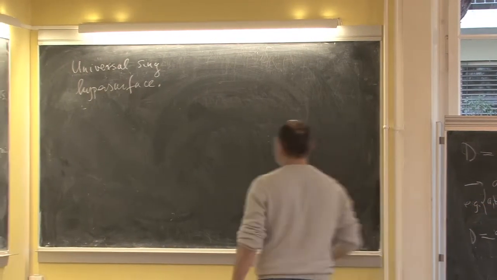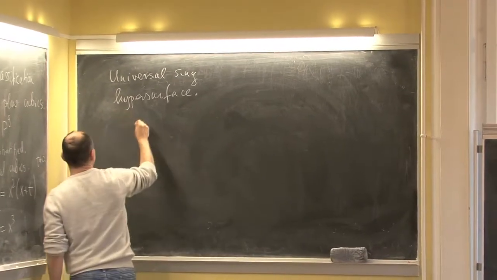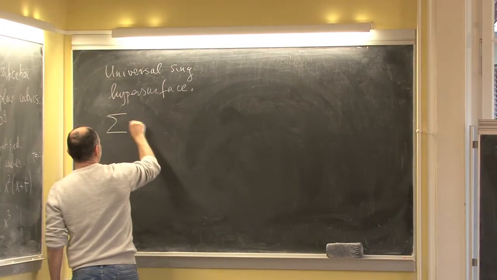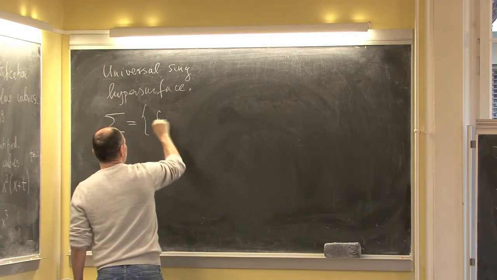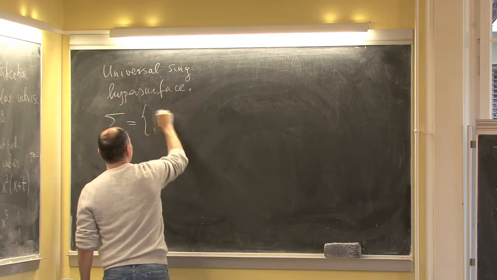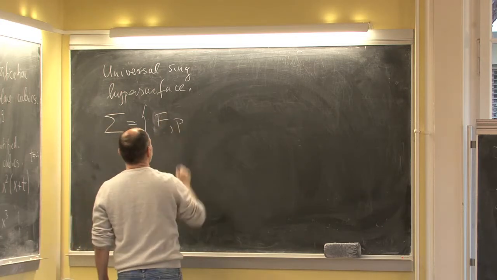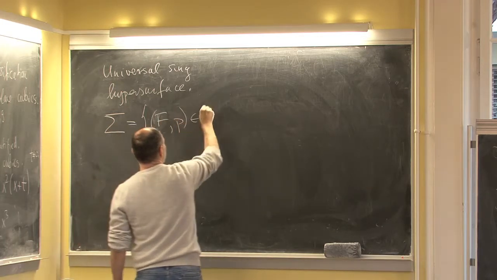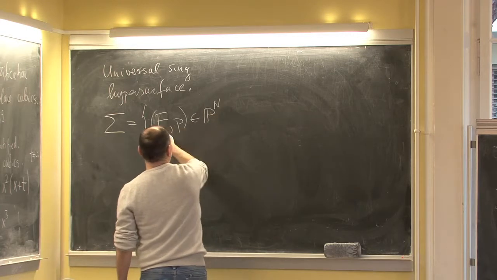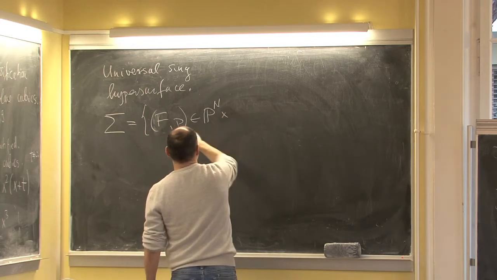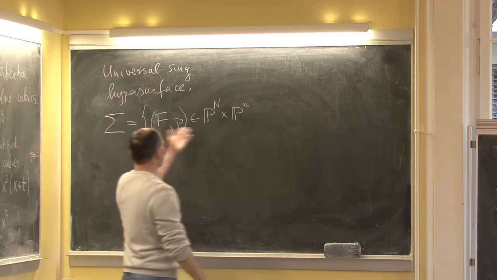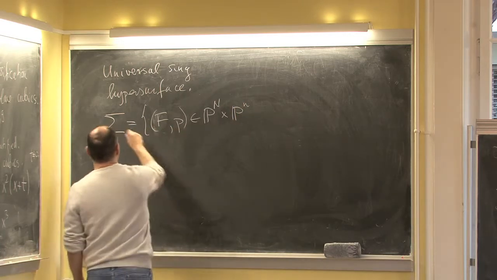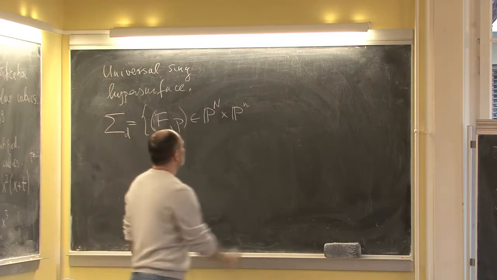So let's look at this sigma, which will be some function f and some point p. This pair is a hypersurface and a point. A point is in Pn now, and this is a hypersurface of degree d. If you like, I can put the d here; it will depend on that.